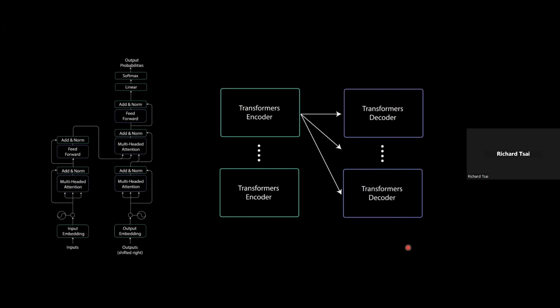For example, if you have taken a look at the current large language models, they use the transformer decoders as their main architecture. The famous Llama 13B, the 13 billion parameter model, used over 40 transformer decoders.